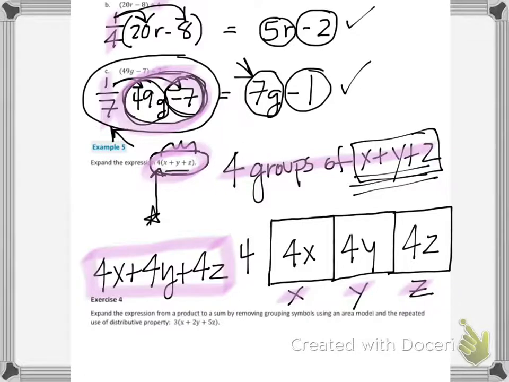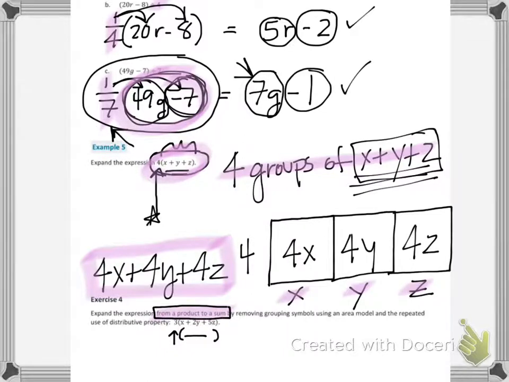Okay, so here in exercise 4, they're asking us to expand the expression from a product to a sum, which is truly what we've been doing quite a bit already. They just want to actually tell us what we're doing now. We are expanding this expression from a product to a sum because it's in product form right now: we have this 3 and we are multiplying it by this sum that lays inside here.